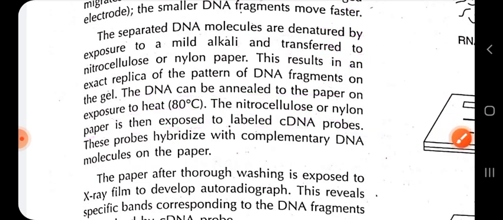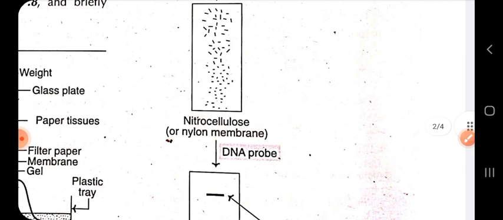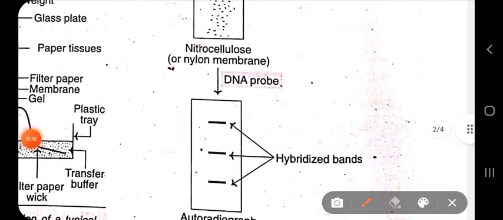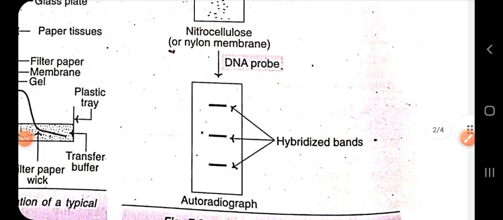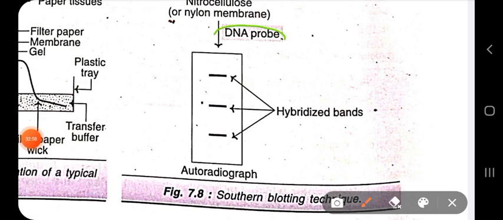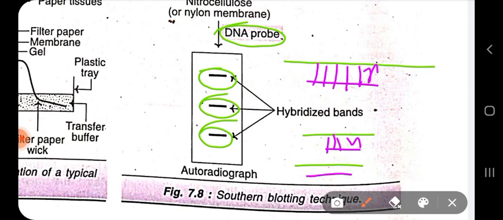So as given in the figure, with the help of the DNA probe, after baking the DNA at 80 degrees Celsius, we label with DNA probes, and the probes have properly hybridized with the target DNA. So if these are the target DNA, your probes have attached specifically to that target DNA.